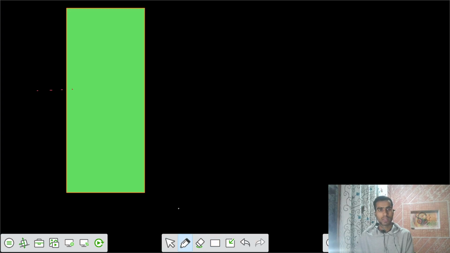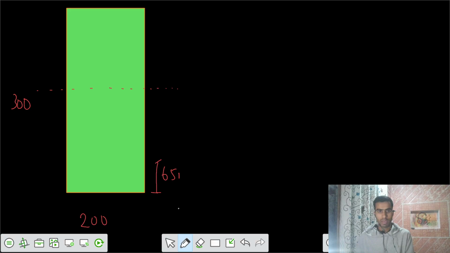Let's say this is your neutral axis as per nominal concrete section, and we have the dimensions, that is 200 cross 300, and we have 15 number of 5 mm diameter bars from the bottom at 65 millimeters.